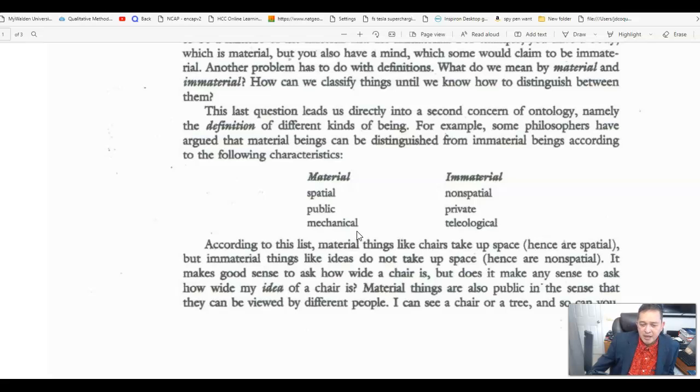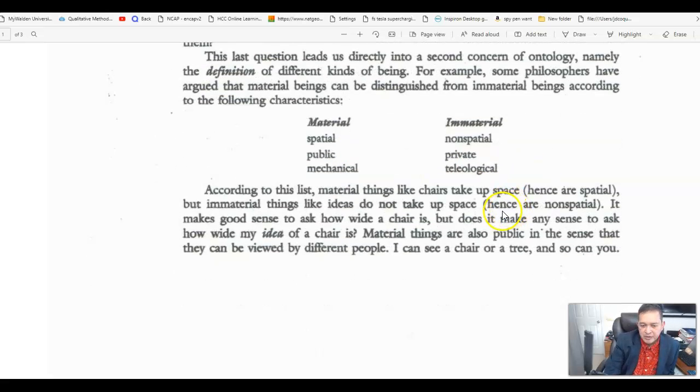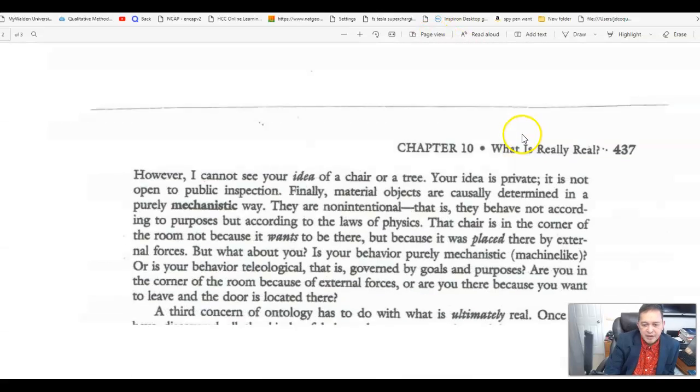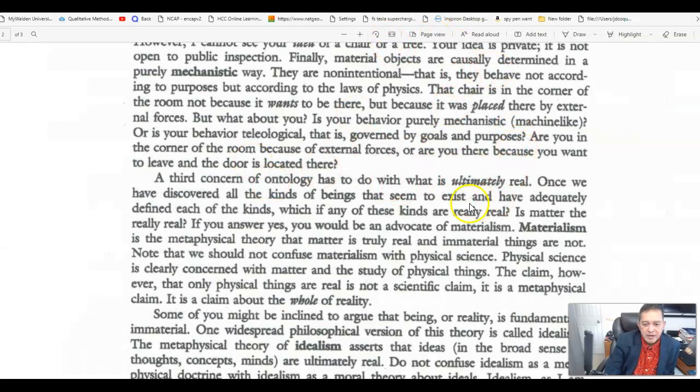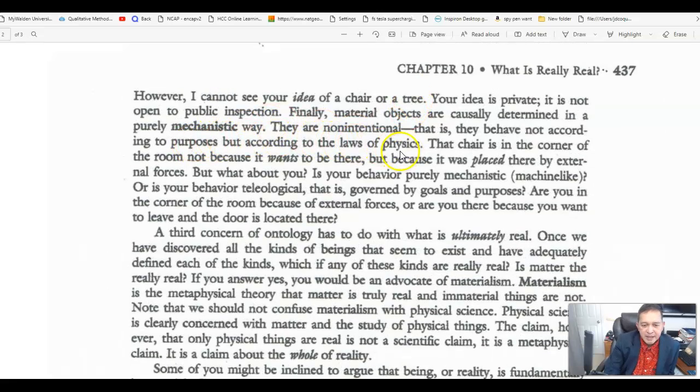It becomes a kind of revealed idea. Now, teleological, it is governed by purposes and goals. Now, if you read these paragraphs here, you may realize that the meaning of those mechanistic, teleological here can be understood the way it must be understood.